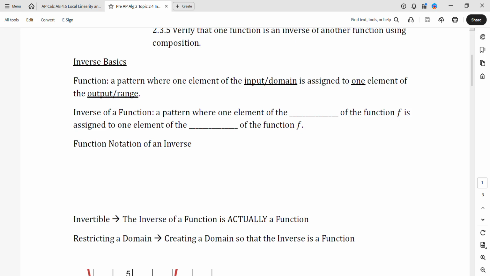The inverse is a pattern where one element of the output of the function f is assigned to one element of the input. So we're defining the inverse of the function f using the function itself.